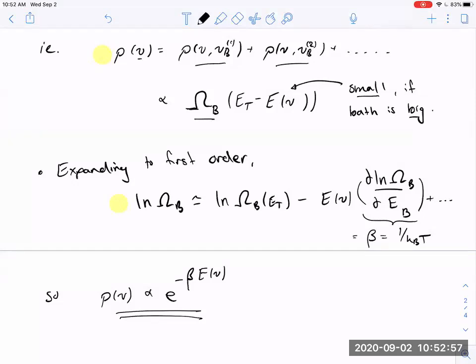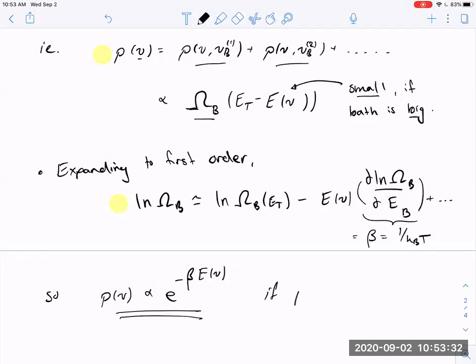It says that while our postulate says in an isolated system, if energy is fixed, all states are equally likely, if I open that system up and I do the counting, such that I acknowledge that the system and bath have to be in specific sorts of states so that the energy of the universe is conserved, the probability of observing just the reduced state, just the information in the system, now generates an exponential dependence on its energy.